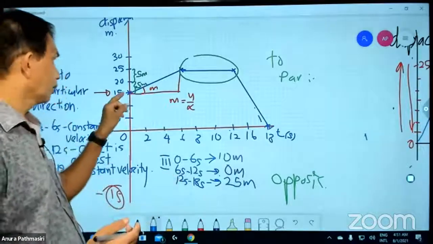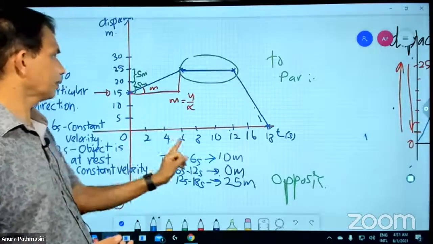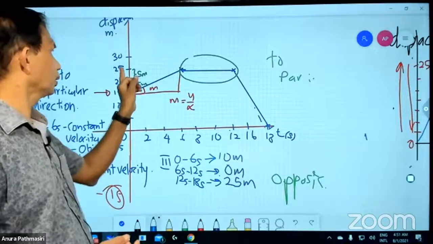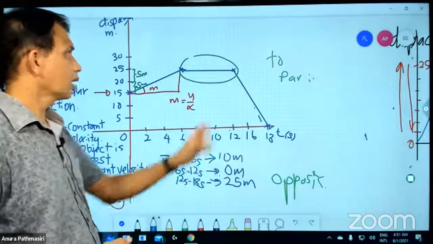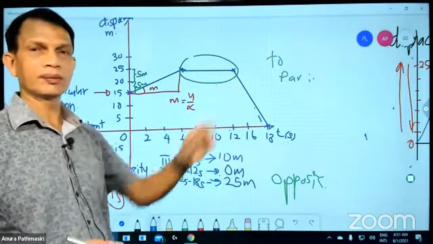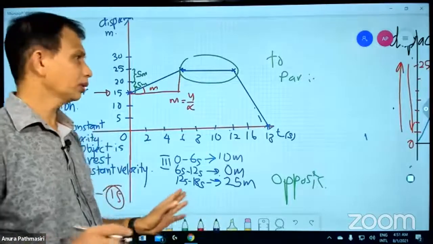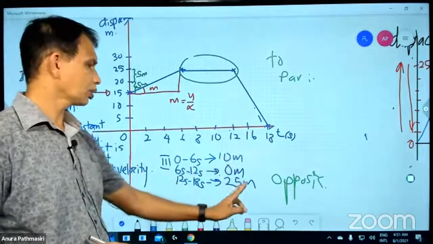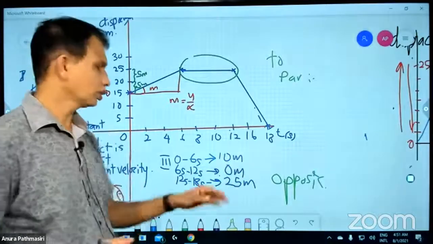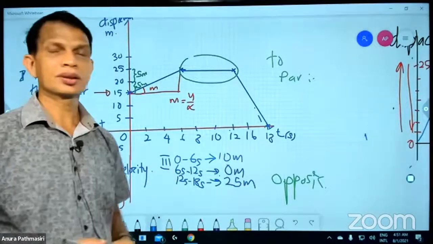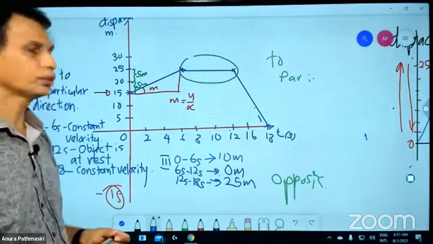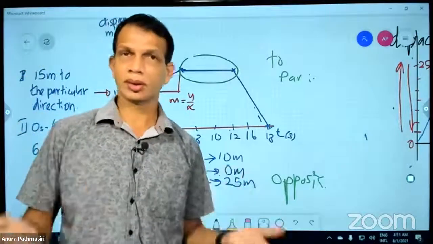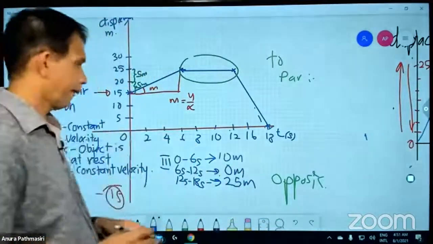You can see within the first 6 seconds, it went 10 meters and then stayed there without coming or going, and then started to come back, 25 meters. So altogether, the total distance is 35 meters.